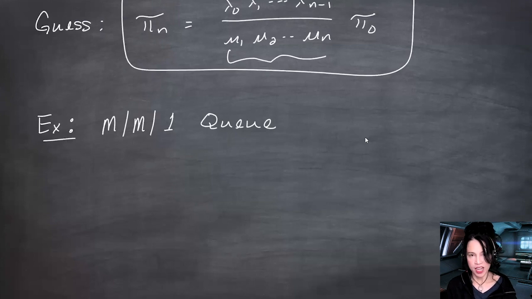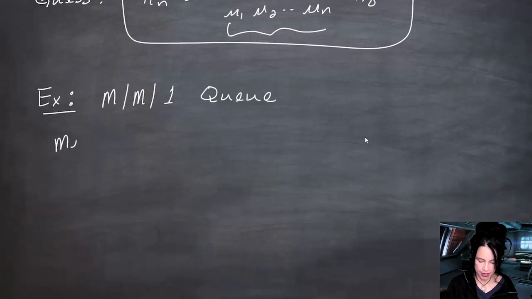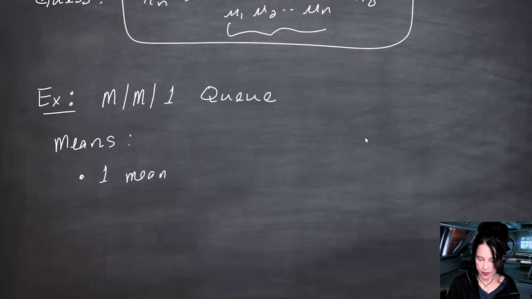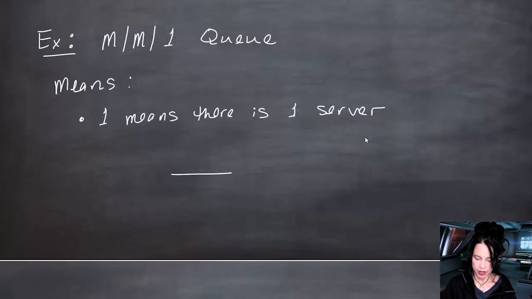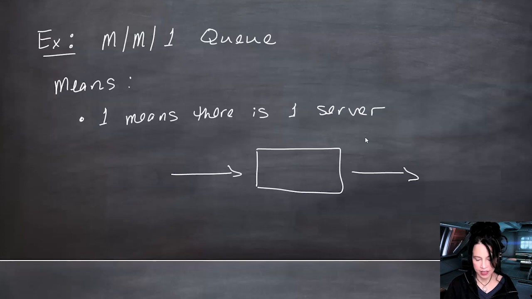When you have an M/M/1 queue, the 1 means there is one server. And what's happening is you have an input stream, you have a server, and then people leave.